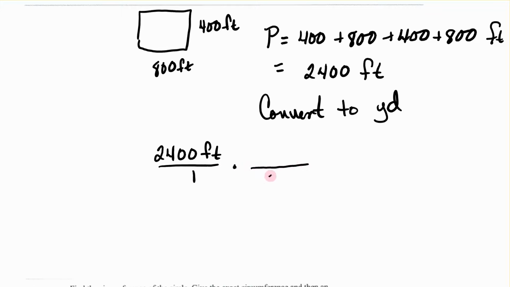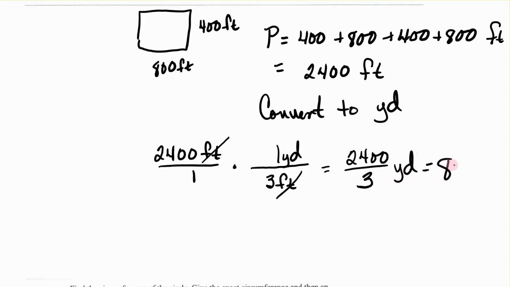I need the feet to cancel, so my 3 feet will go down here. My 1 yard will be up here. Feet are canceling. That gives me 2,400 over 3. It's yards, and that becomes 800 yards.